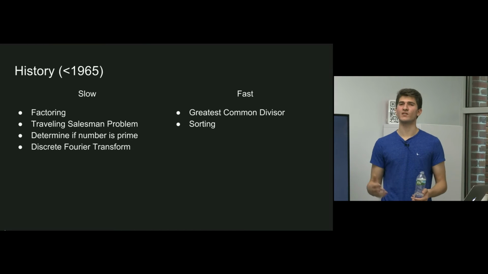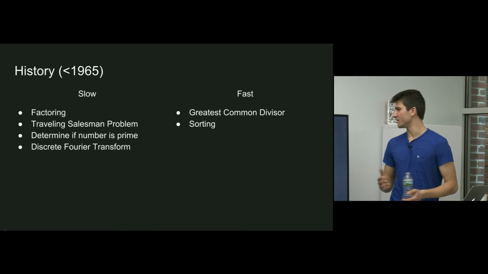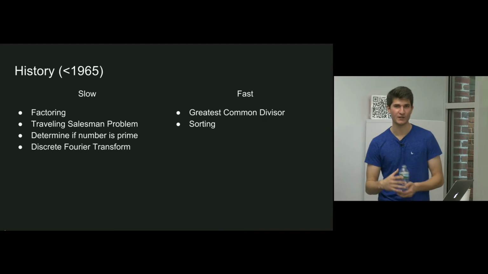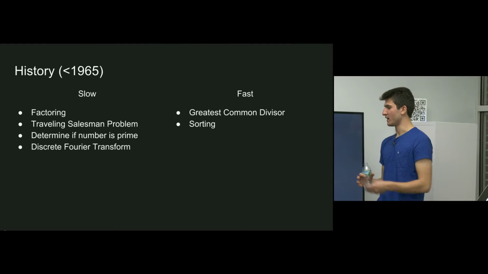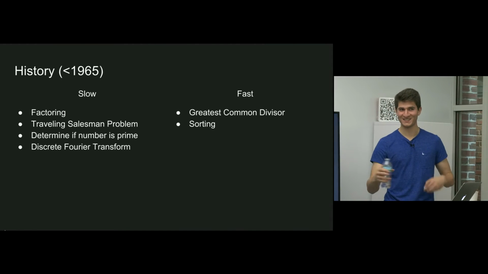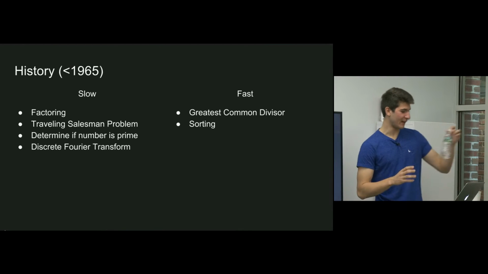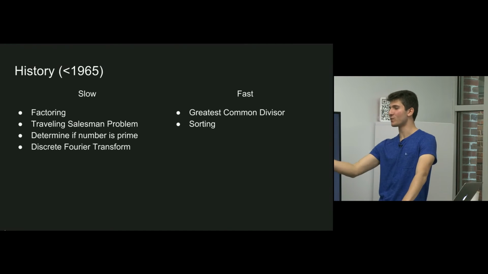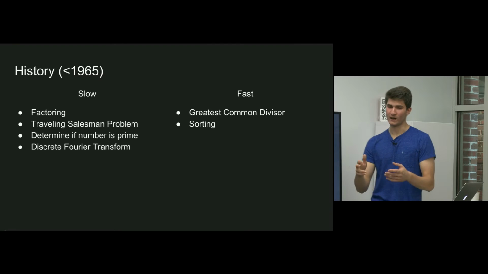They were able to solve them, but it just took a long time. For other problems, like finding the greatest common divisor and sorting, we have fast algorithms, like merge sort, whose worst-case running time is, I think, n log n. I'm a CA, I should know that. So things like that just have fast algorithms, but for some problems we have no fast solution.